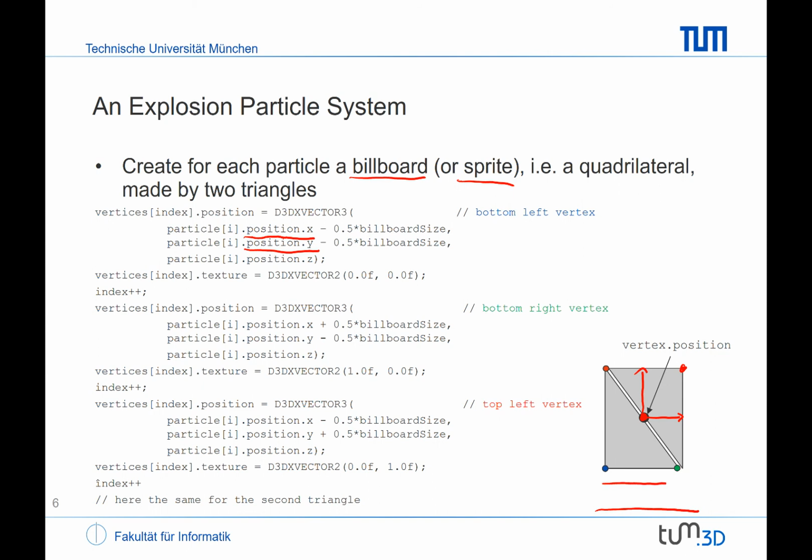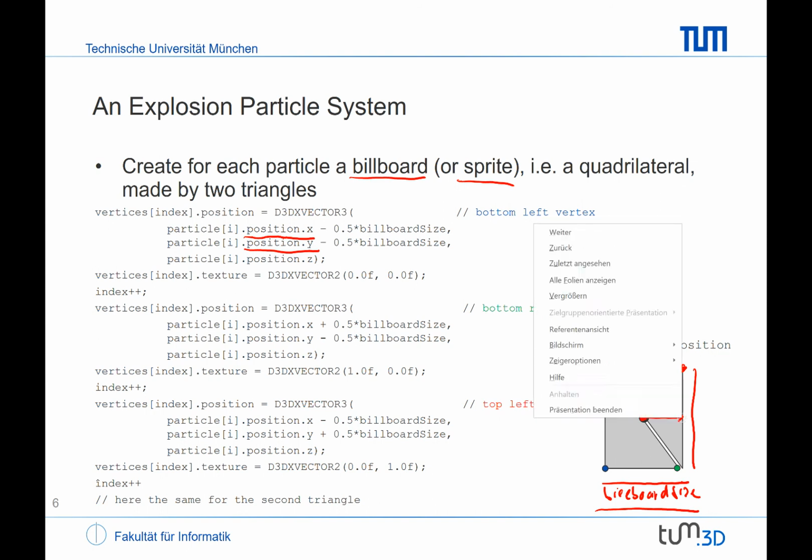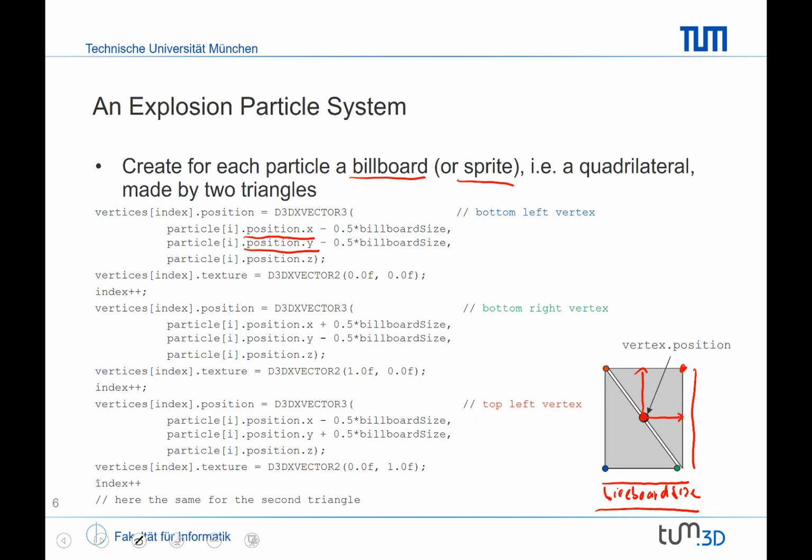Now the billboard size is that one here, and the same of course in the other direction. So starting at the particle center, I move 0.5 times the billboard size, that brings me to here, and 0.5 times the billboard size along the y direction, that brings me here.